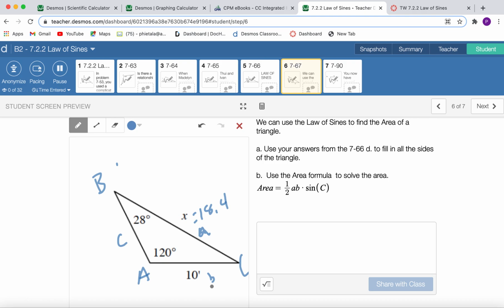I just want to put them in spots where we don't have to solve more triangles.